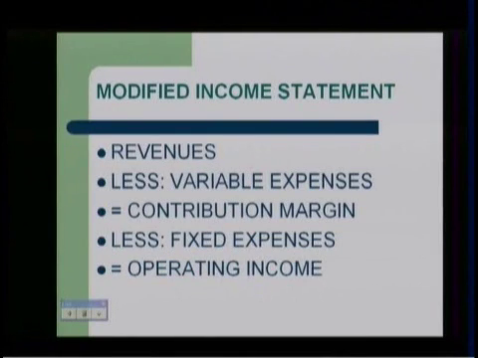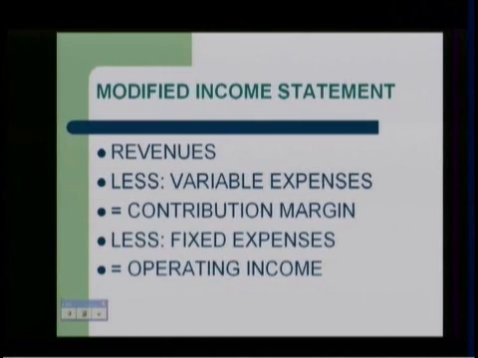in such a way that we can use the fixed and variable components rather than our standard cost of goods sold operating income format. We call this revenues minus variable expenses equals contribution margin. So obviously it's called the contribution margin format. From our contribution margin we subtract out our fixed expenses and we can get our operating income.